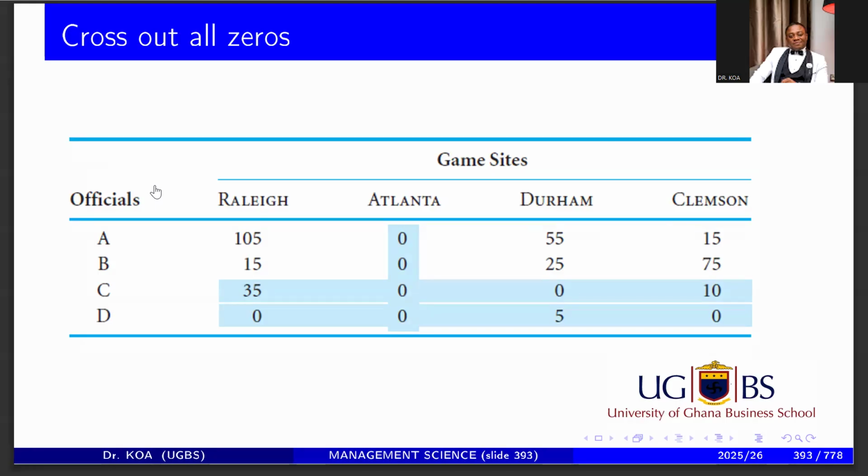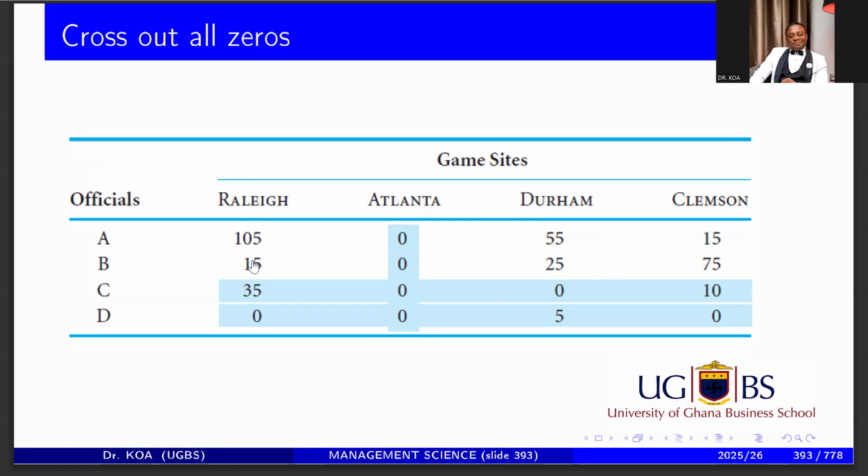And so the rule says that take the line that was not crossed, any line that was not crossed, the lowest number there. The lowest number there. And then you take that lowest number and you will subtract it from those that are positive values and add it to those that are zeros.